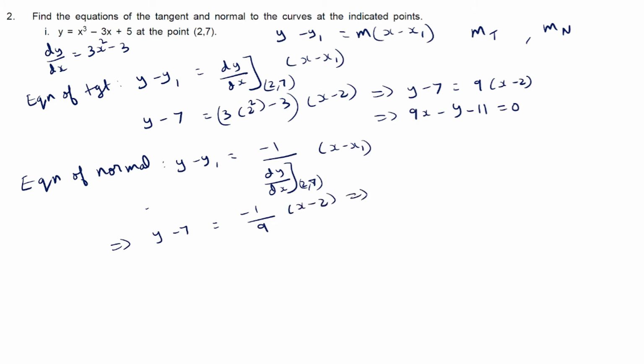So from here we have 9y minus 63 is equal to minus x plus 2, or we have x plus 9y minus 65 equal to 0. So this is the equation of the tangent and this is the equation of the normal.